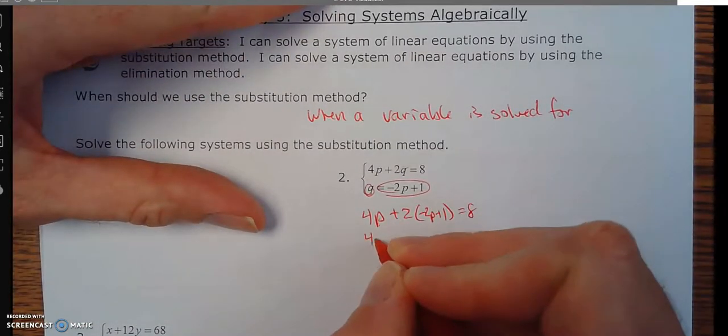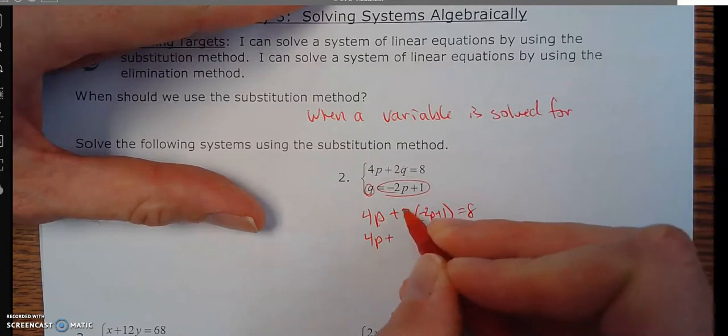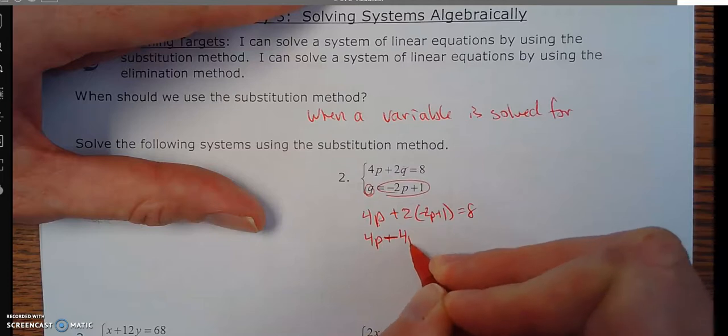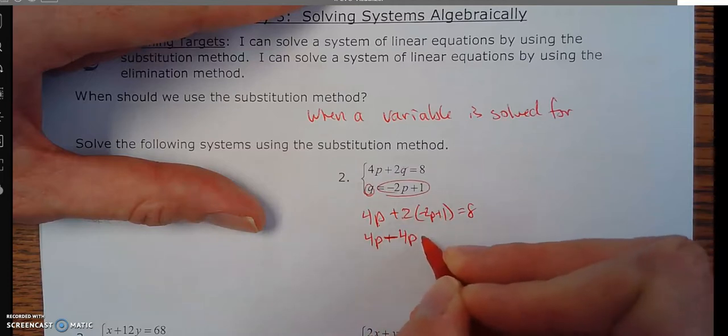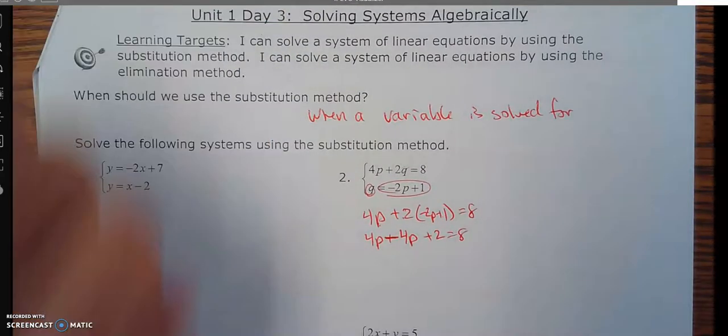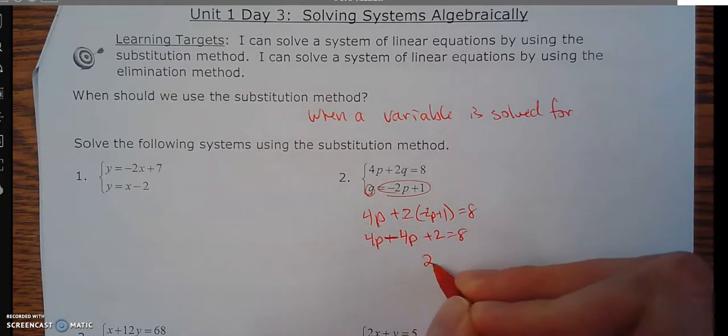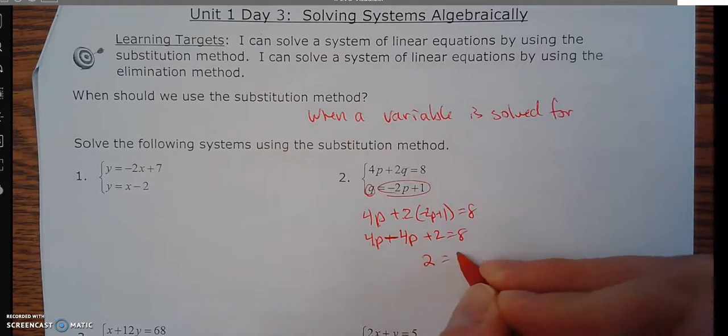So here I got 4p plus, I have to distribute, so positive 2 times negative 2p would be negative 4p. 2 times 1 is 2. That equals 8. Then 4p minus 4p is 0, so I got 0 plus 2 equals 8.